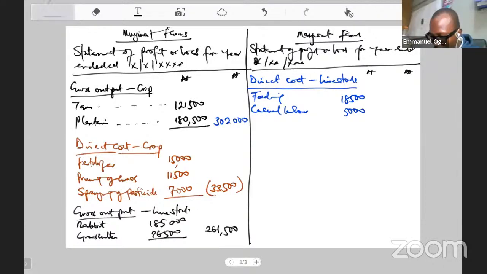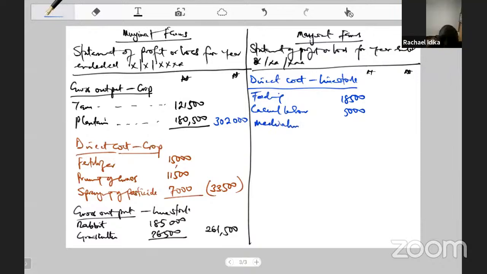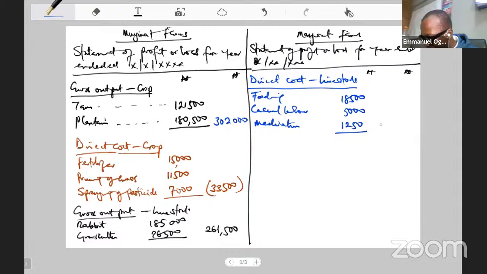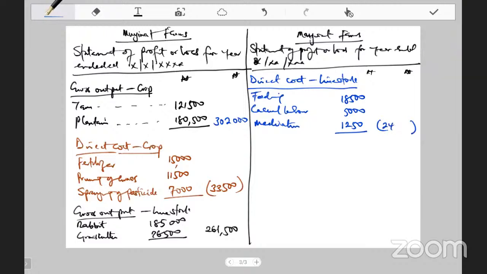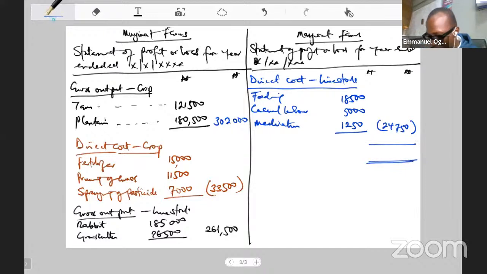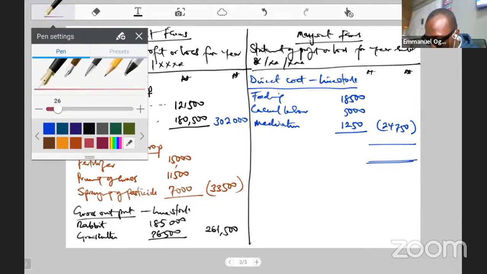So let's go. What do we have? Medication. So what's for the medication? 3,250. So in that case, what's the total direct cost? 24,750. So in this case, I think we can now determine our gross profit. We pick all the items that they have.